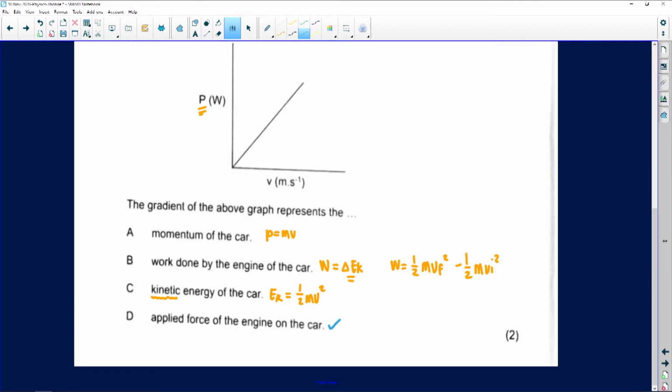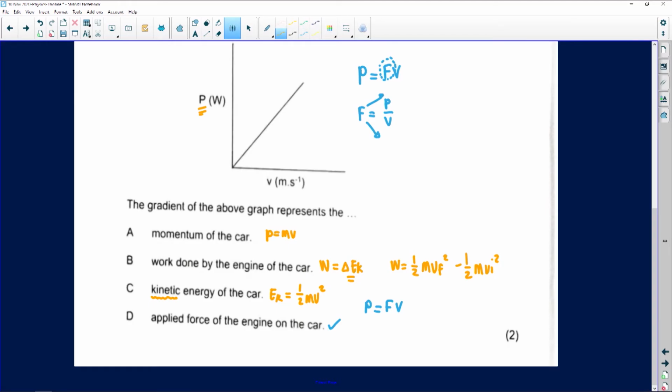Remember, we have a formula that says P is equal to FV, which means that power is equal to force times velocity. You find this on your formula sheet as a representation of power. If I make F the subject of the formula, I'm going to have F is equal to P over V, which then means that the force is directly proportional to the power and inversely proportional to the velocity.